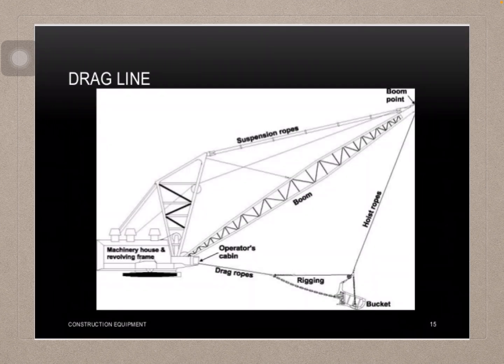This is how the dragline looks, and it is very useful in larger constructions where the suspension rope can extend to larger distances, in case it has to reach farther points, and it can drag the material and unload the material also.